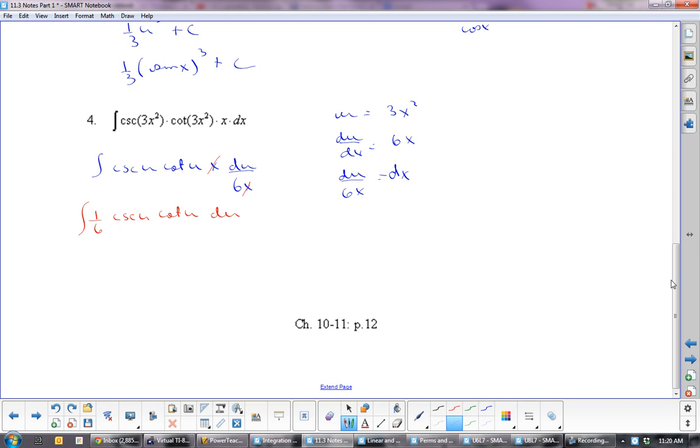Okay, what is the integral of cosecant u cotan u? So that's negative 1/6 cosecant u plus c. And then we'll finish off by getting u back in there, negative 1/6 cosecant 3x squared plus c.